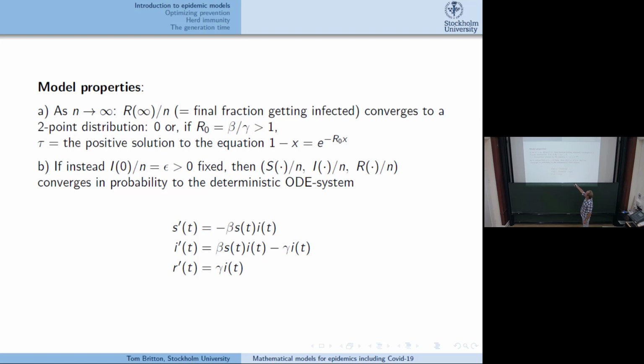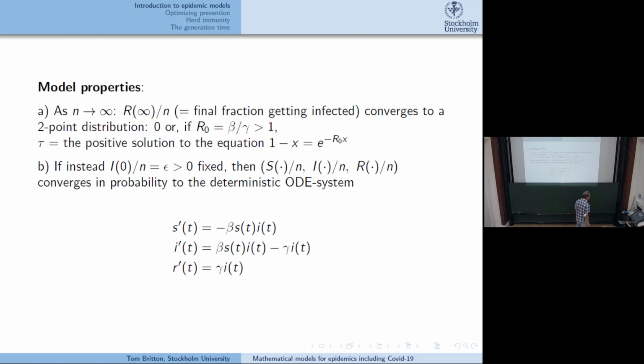That is the average number of infectious contacts you have, because if you have infectious contacts at rate beta during an exponential time, which has mean 1 upon gamma, this is the expected number of infectious contacts that you have during your entire infectious period. And if this quantity is bigger than 1, then there's another unique solution x to this equation.